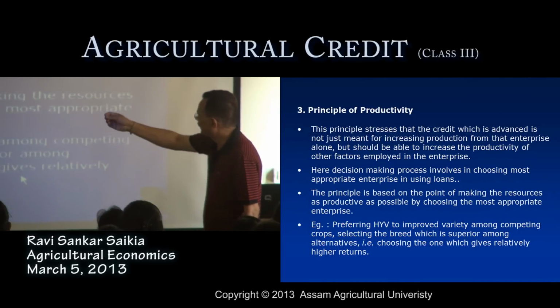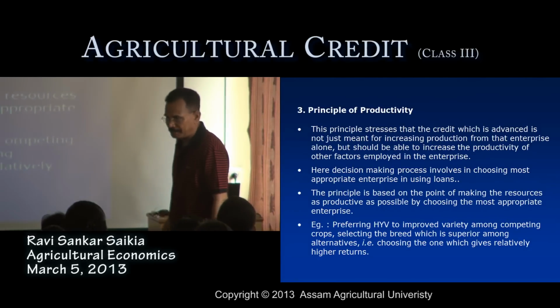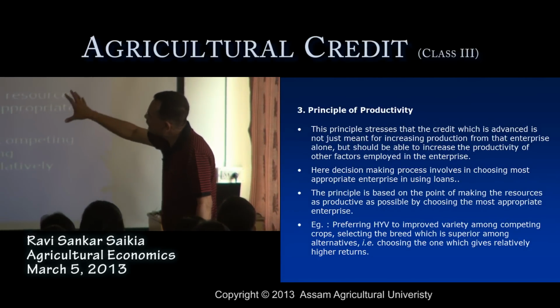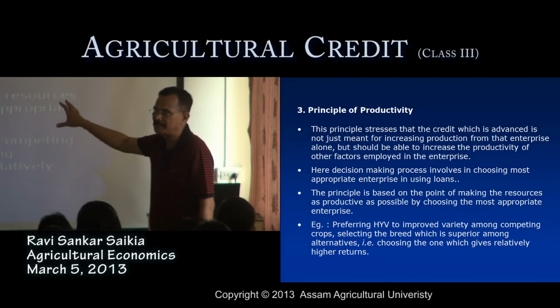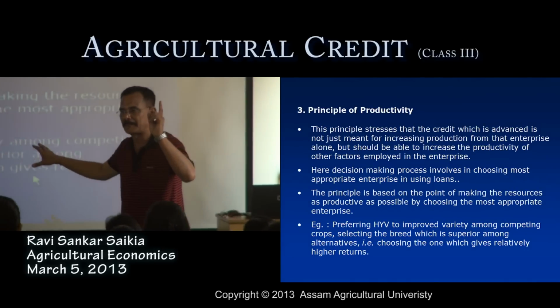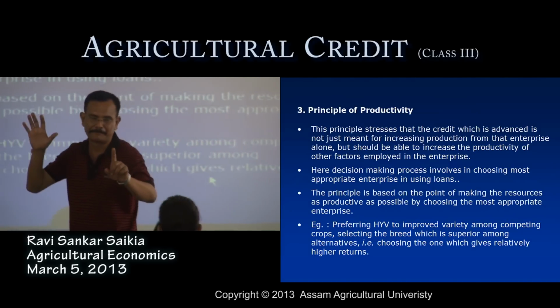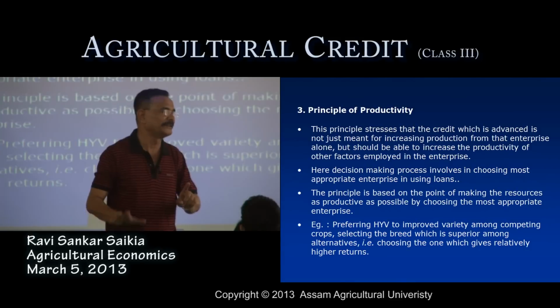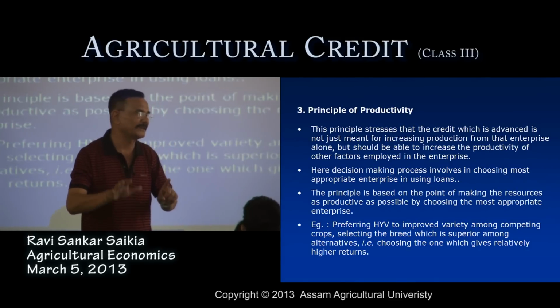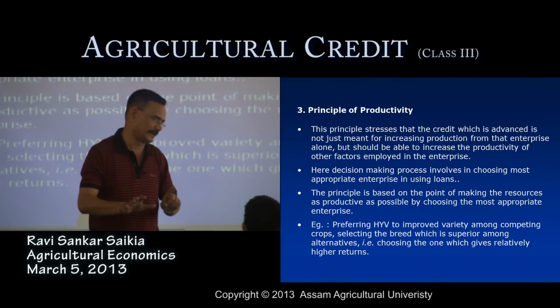Okay, so here the decision making process is involved. Here the principle of productivity entirely rests on a particular point that I have discussed in the 3 Cs of credit: the selection of the enterprise in relation to the present or existing economic and agroclimatic conditions.